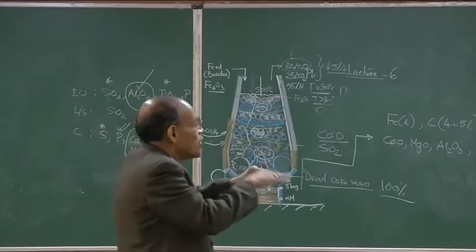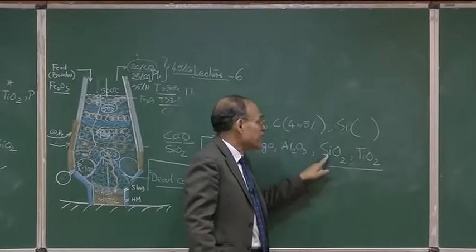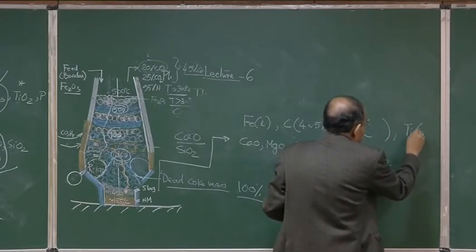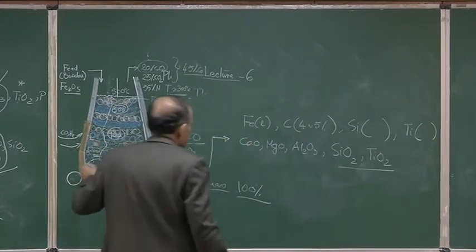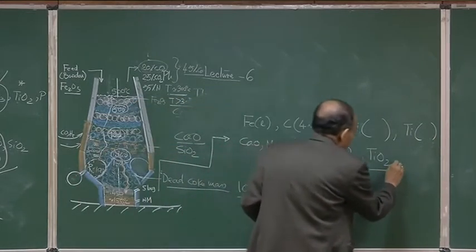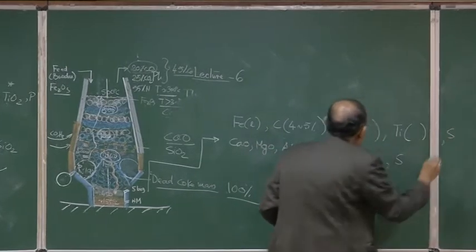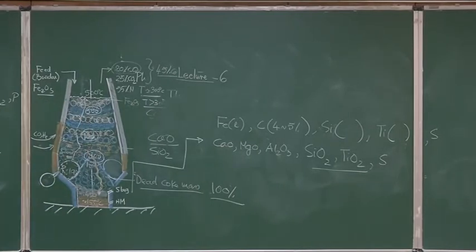They can partition between the slag and the metal. The portion of silica that gets reduced comes to the metal, and the same is true with sulfur. Some sulfur can go to the slag and some sulfur can remain in the metal. So, that virtually dictates the slag and the metal composition in a blast furnace.